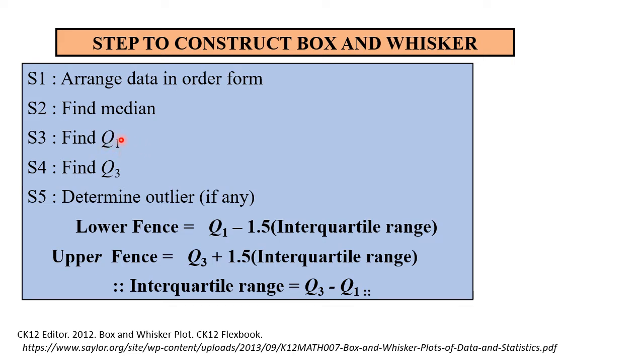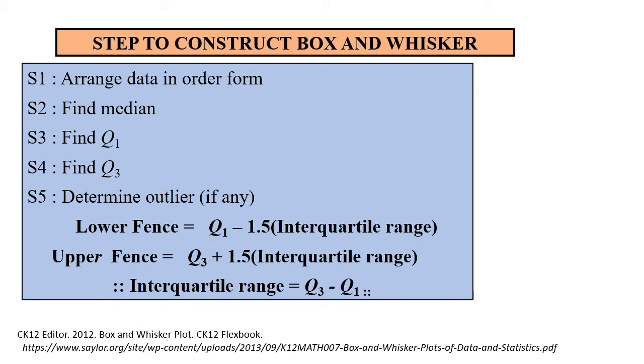So remember, for Q1 and Q3, you still have to find out S first and then determine whether it's an integer or not, and then using that you determine the value of Q1 and Q3. Okay, and then before we find the outlier, make sure you first find the interquartile range.